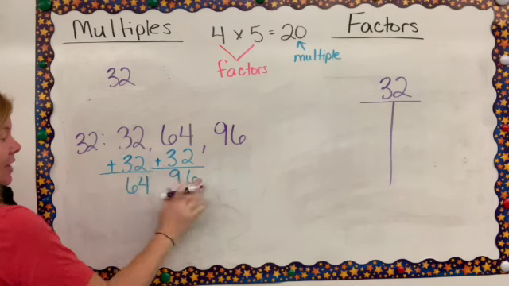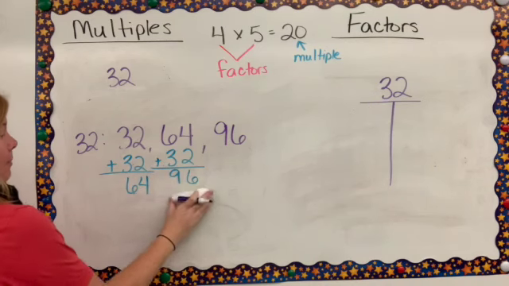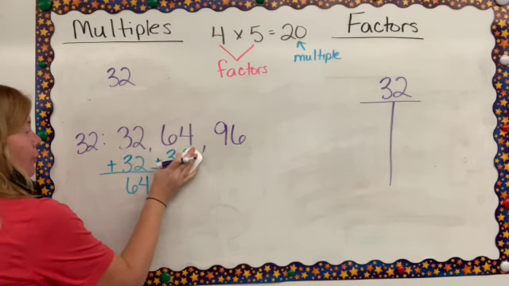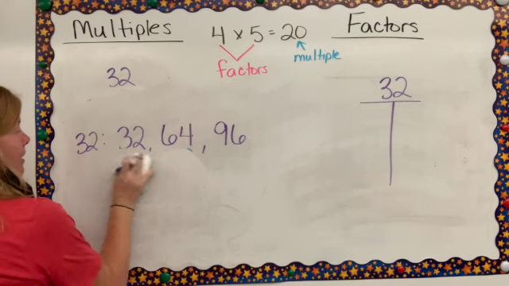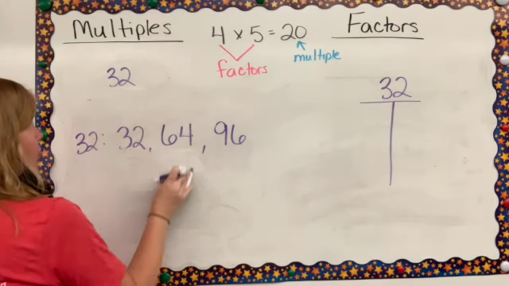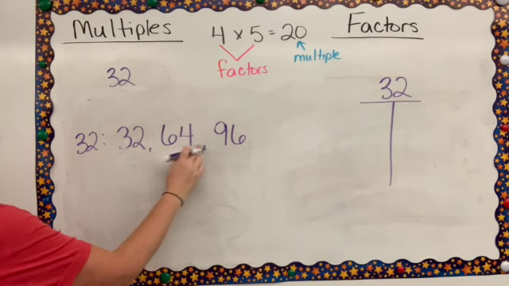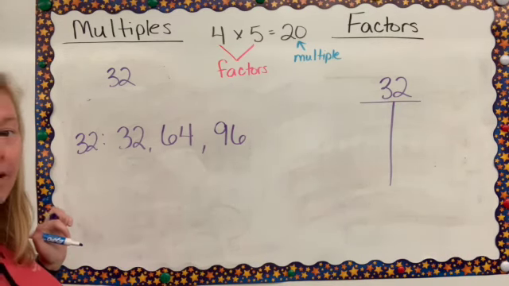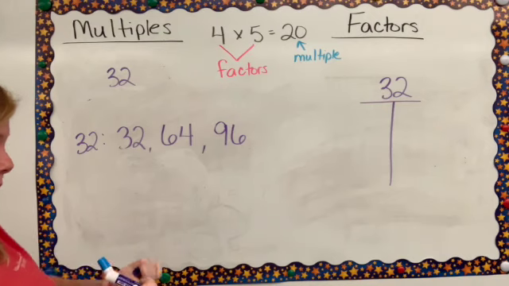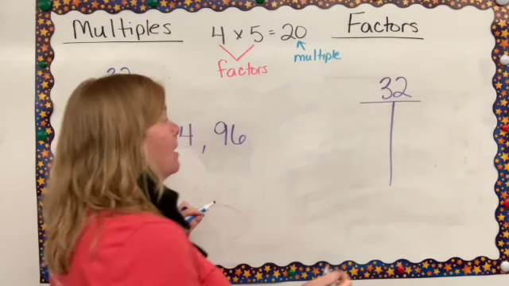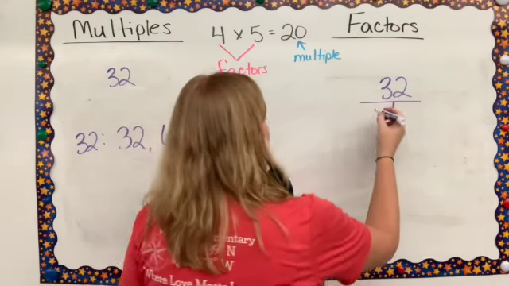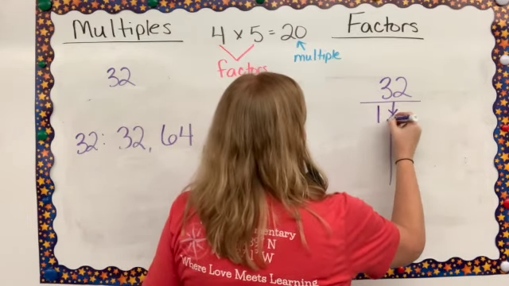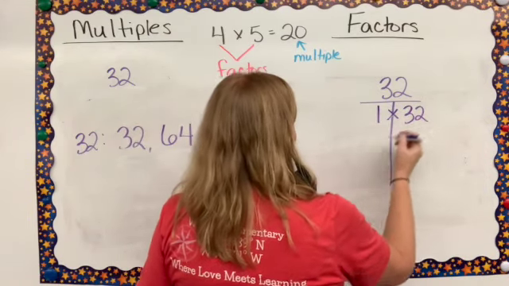This is how I'm figuring it out, but the only thing I need to know is whatever my multiples are. So the first 3 multiples of 32 are 32, 64, and 96. All right, let's come over here to our T-chart. Very first set of factors is what? Yes, 1 in itself. 1 times 32.